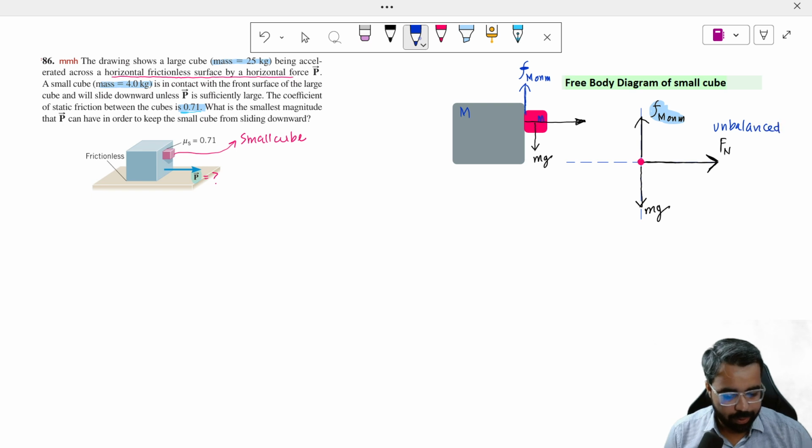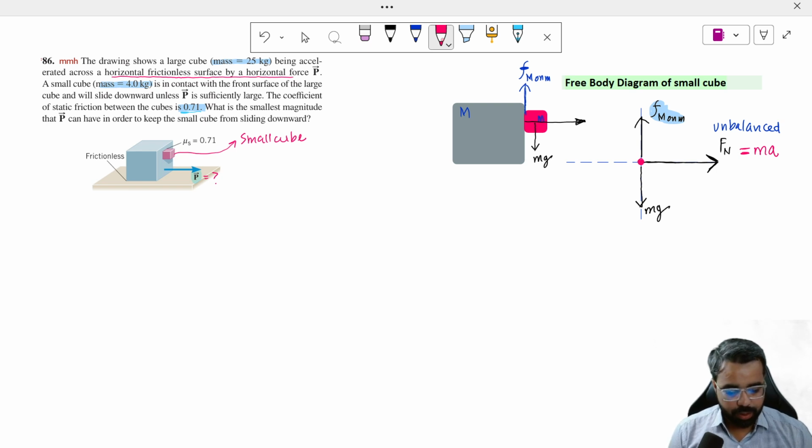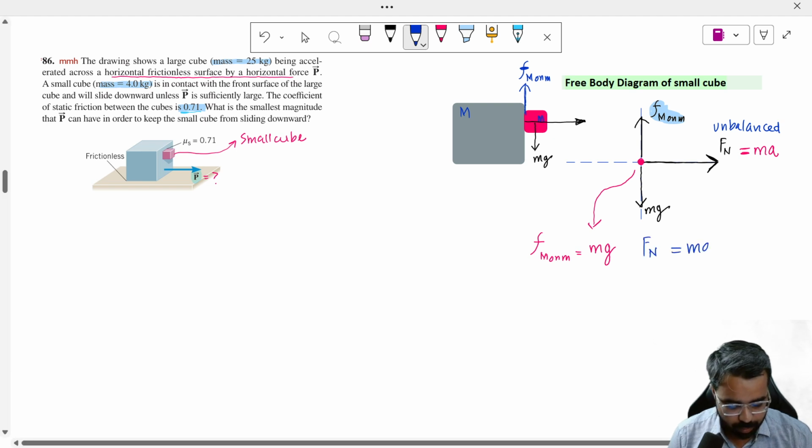If it is an unbalanced force, then according to Newton's second law, it must be equal to ma, mass times acceleration. So if we write our set of equations from this free body diagram, the frictional force is equal to the weight, and this unbalanced normal force must be equal to ma.